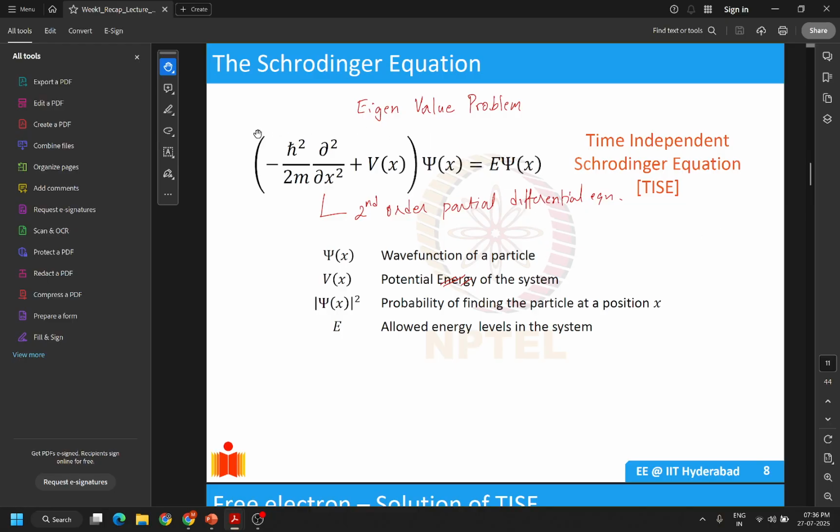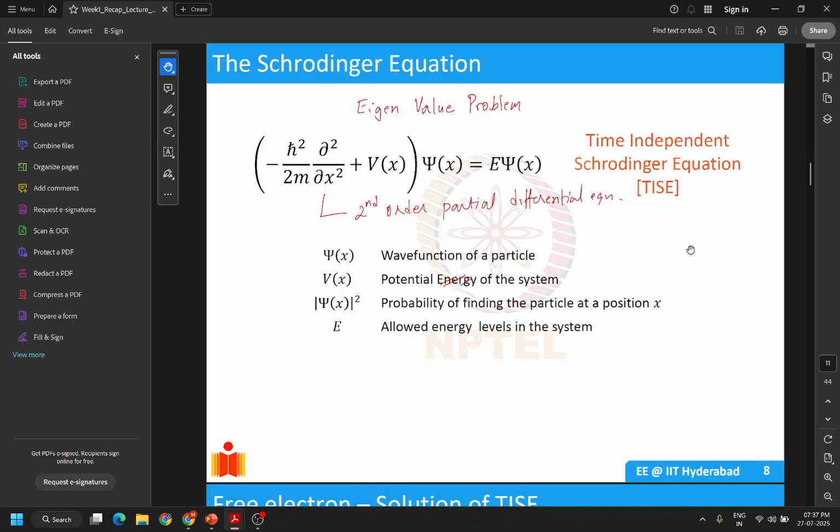The kinetic energy is given as p² by 2m, sorry, and the quantum mechanical operator for p is given as minus iħ ∂/∂x.